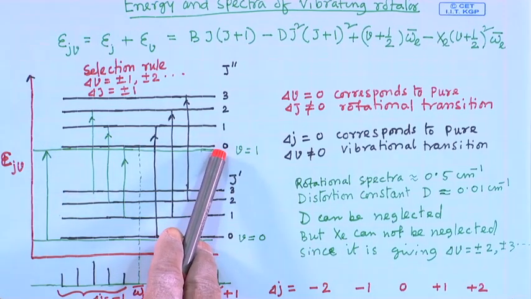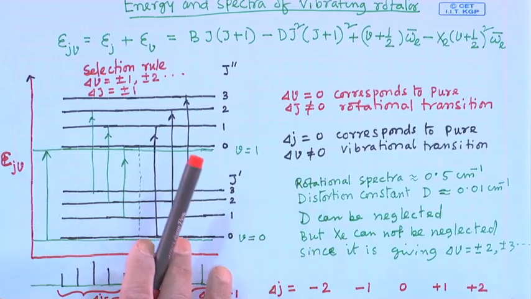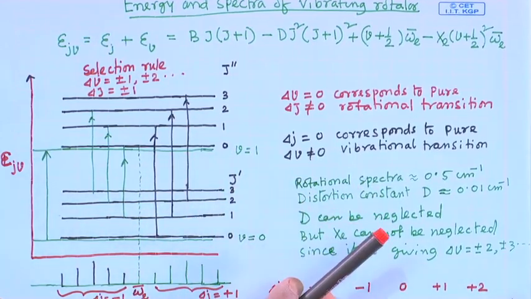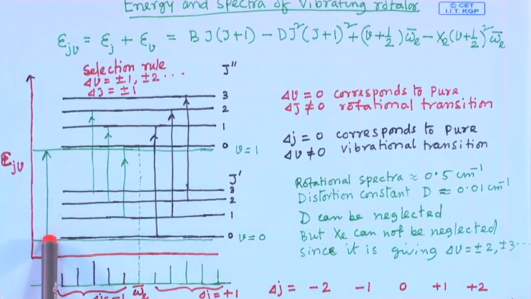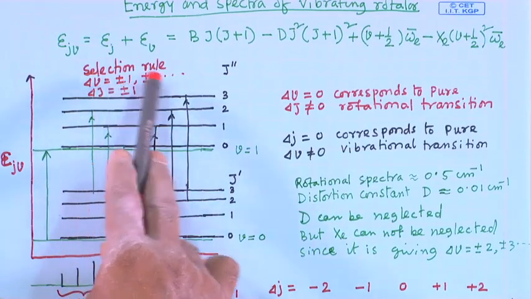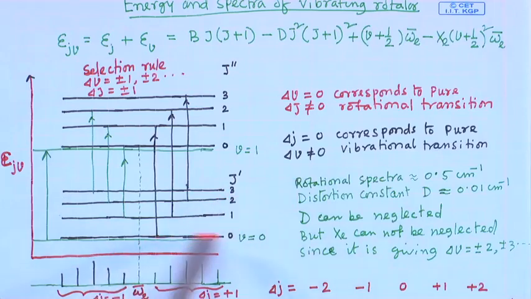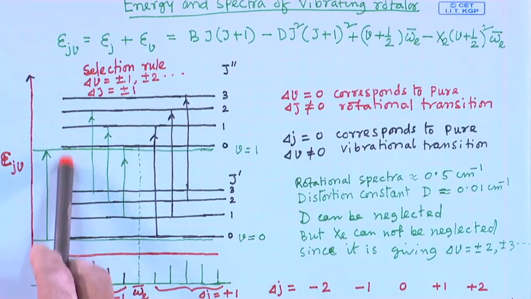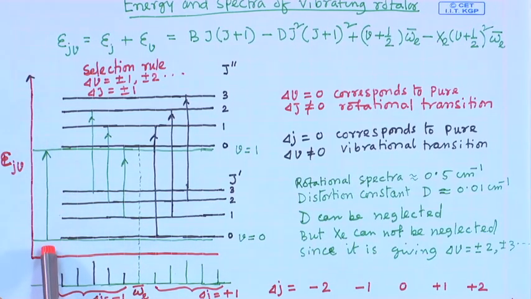If it is just pure vibration, there is no rotation. So, I could get del V equal to plus minus 1, plus minus 2; I could get just the transition V equal to 0 to V equal to 1. So, these spectral lines I could get. This is nothing but the fundamental line.